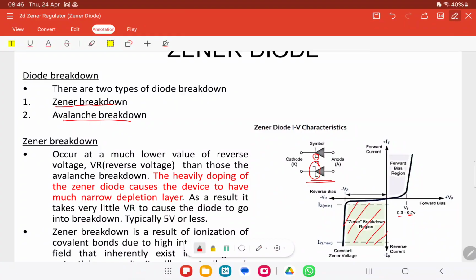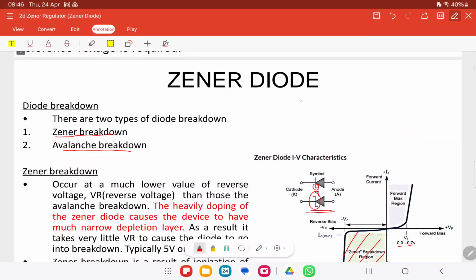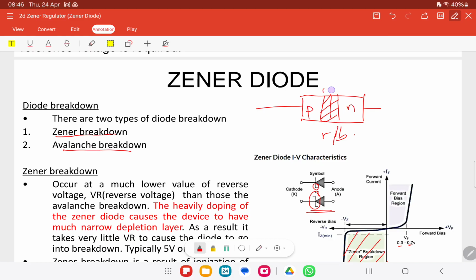For the Zener breakdown, let's say this is the PN junction. In the middle we have the depletion region, remember? In reverse bias, we have the depletion region from P to N, also called the space charge region.